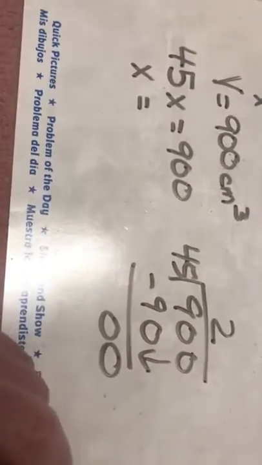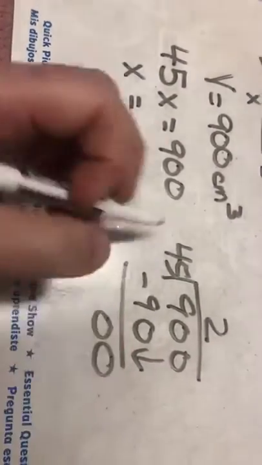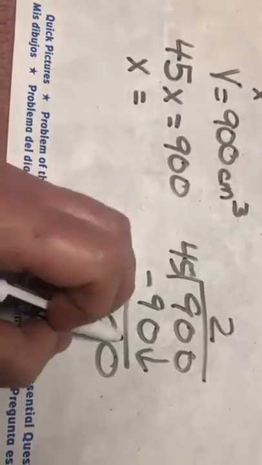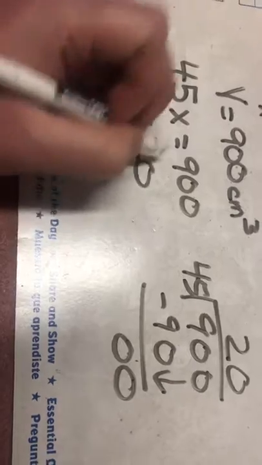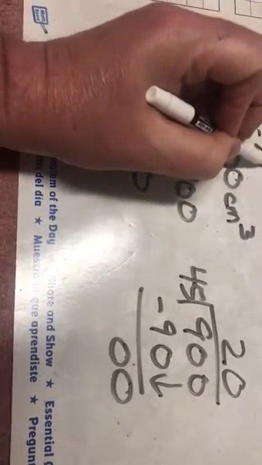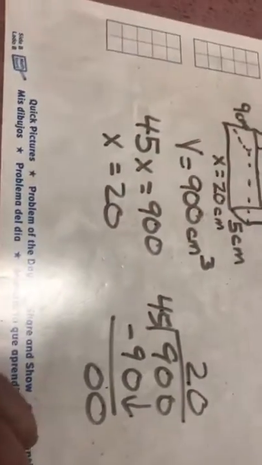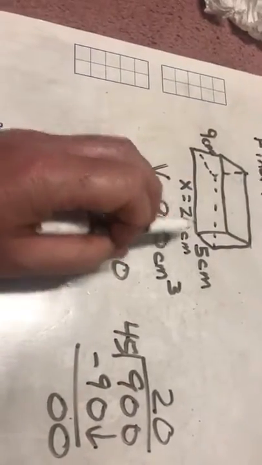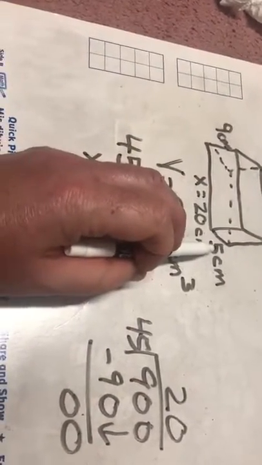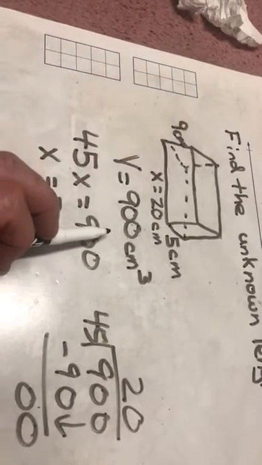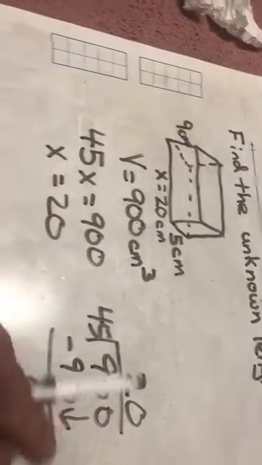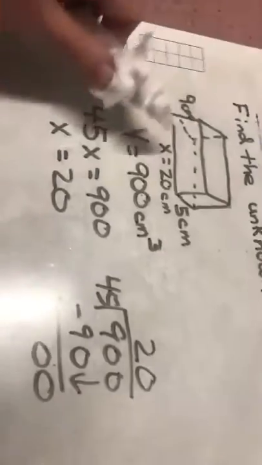I'm bringing the 0 down. 45 cannot go into 0, so I put a 0 up here. x equals 20. x equals 20 centimeters. And sure enough, 20 times 5 equals 100. 100 times 9 equals 900. 900 cubic centimeters.